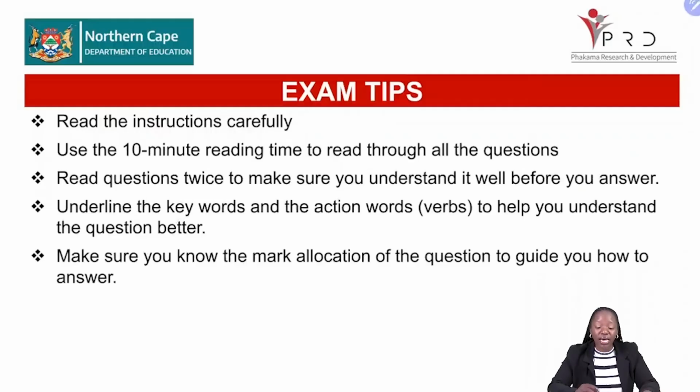But by looking at the mark allocation, you will realize that if they say account for the formation of a cumulonimbus cloud, and they give you 3 times 2, you realize that you're supposed to give 3 responses, and each response will give you 2 marks, and then at the end, you will have 6 marks. Other than just writing 1 response, getting only 2 marks, and losing 4 marks.